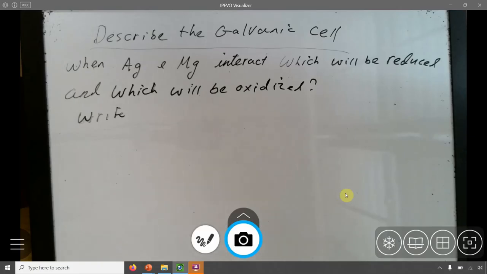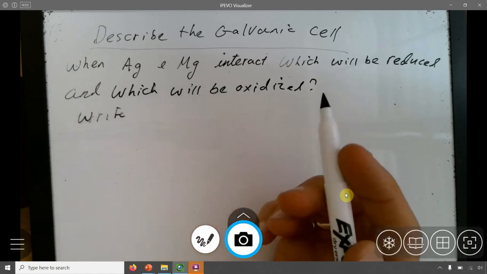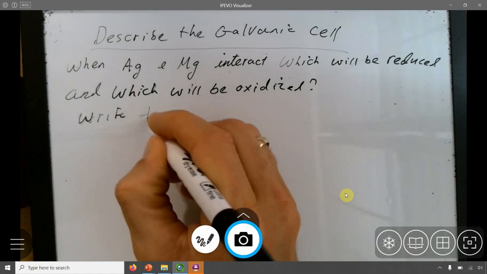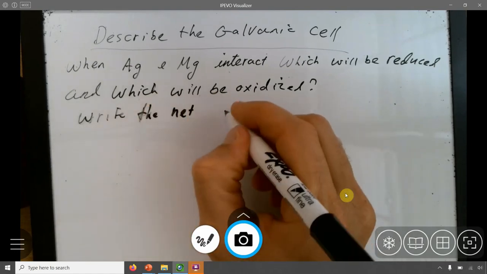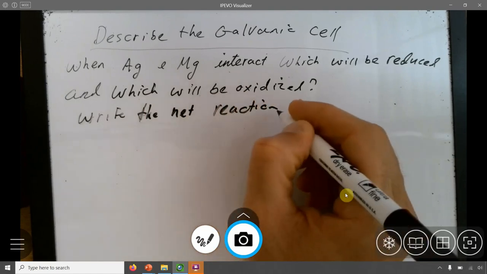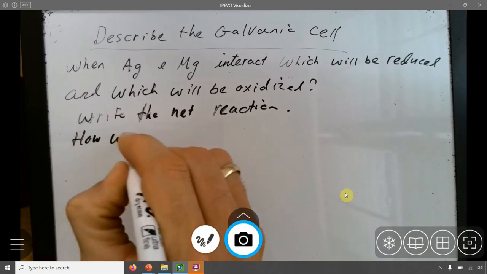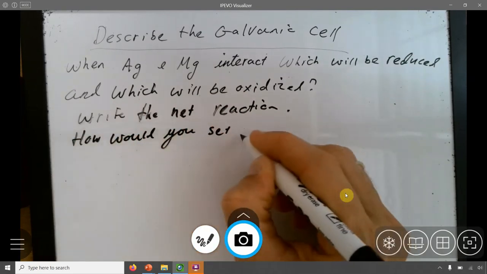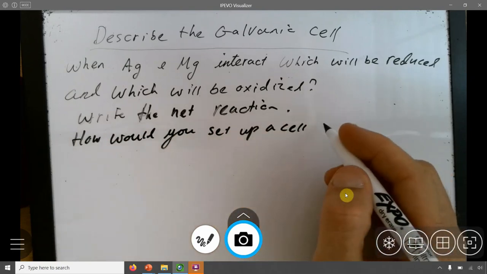All right, so again, I have silver and magnesium, and they're interacting, and I want to know which one is getting reduced and which one is getting oxidized, which I just showed you can easily do. Now, I want you to write the net reaction, which we've shown how to do before. And then also, how would you set up a galvanic cell, or a voltaic cell?